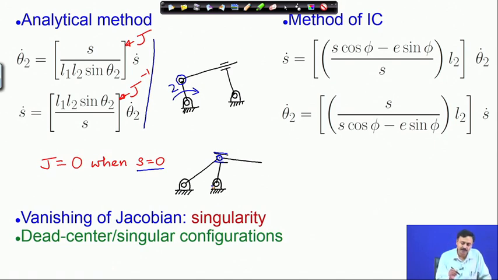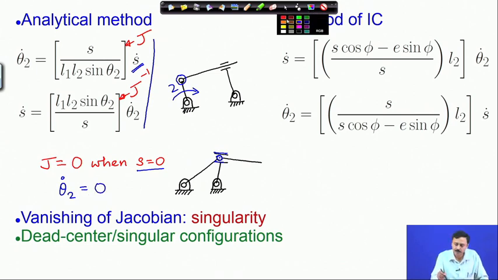In this singular configuration, irrespective of the value of s dot, theta 2 dot goes to 0. So, at this configuration theta 2 dot must be 0; you cannot move the link 2, you cannot rotate it further.